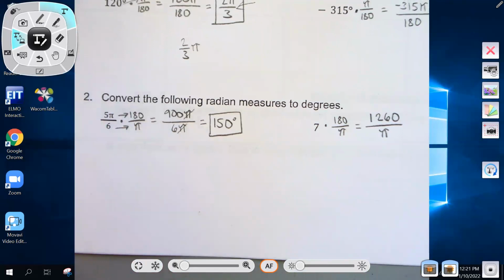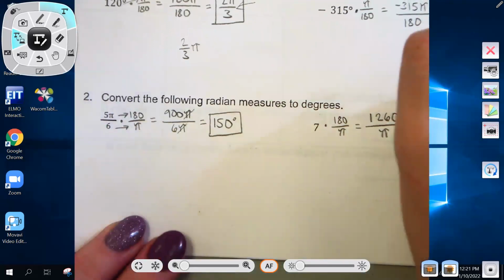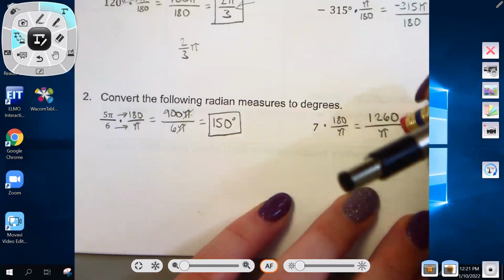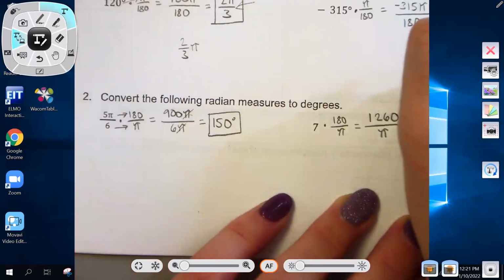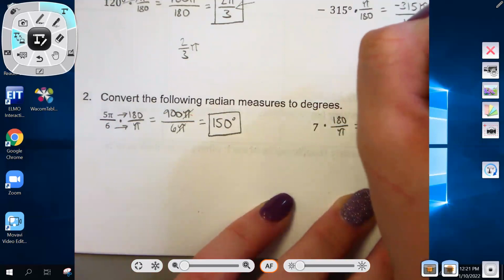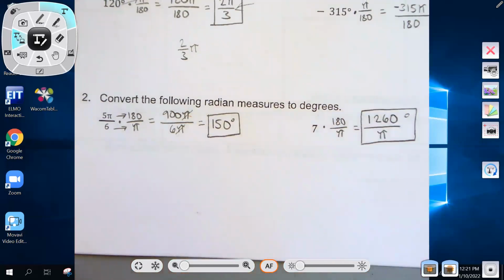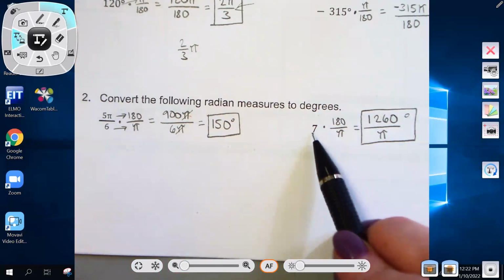This can't really be simplified. This is our answer in degrees. I don't like it either, and we won't be seeing answers like this really. I just wanted to show you that even though we don't like the answer, we converted this correctly.